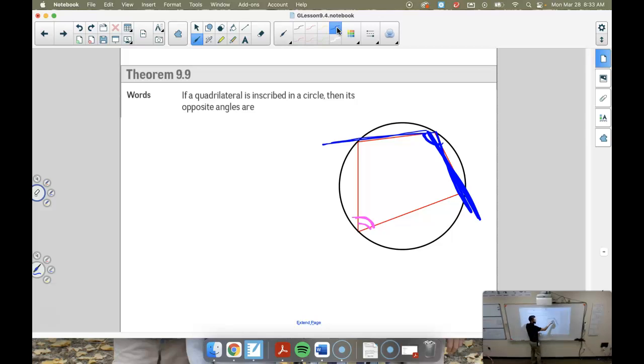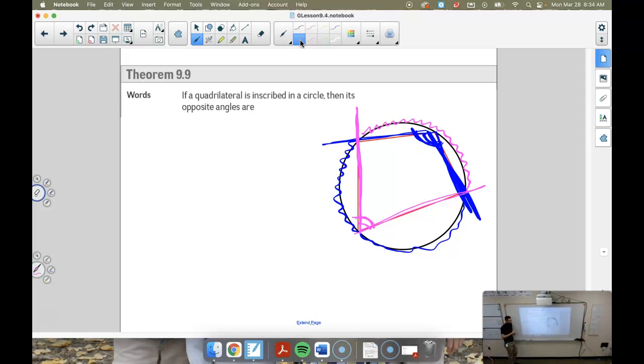You guys know that this angle is half of whatever this is, right? And that this angle here is half of whatever this is. Are they supplementary?